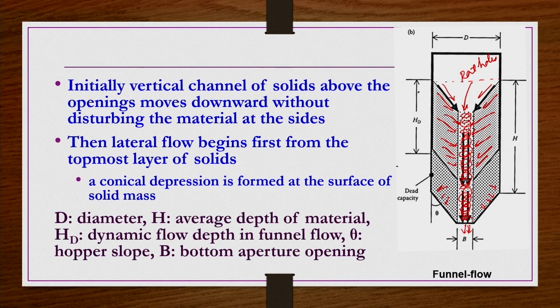So in this process, let us say this material has been withdrawn. Now it is shown as two sections. Let us say up to this section the material is withdrawn, or you might have established a steady flow rate.